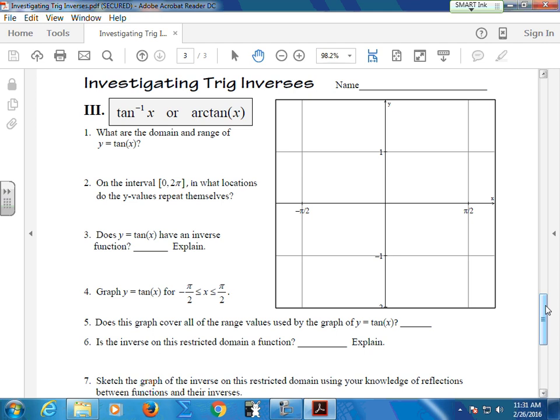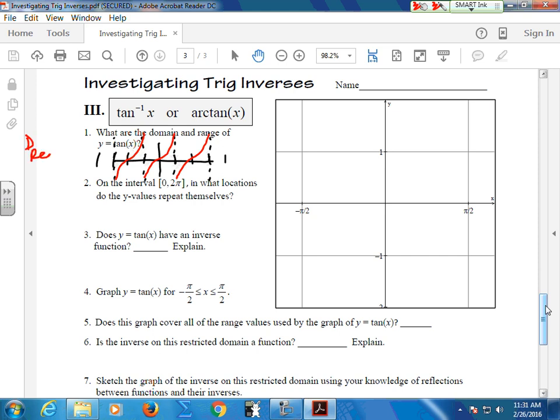Now, tangent. Let's everybody draw your tangent curve. I have a little problem at the 90s. There's where my asymptote goes, those odd 90s and pi over 2s. My tangent is fitting in between here. So, this one had a funny domain.